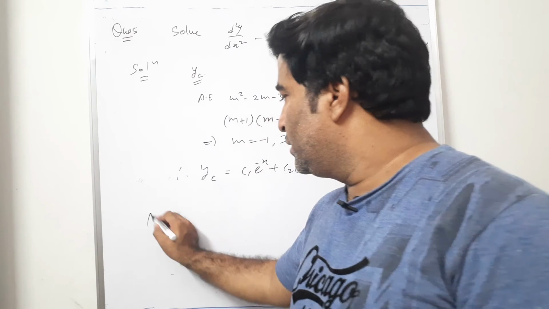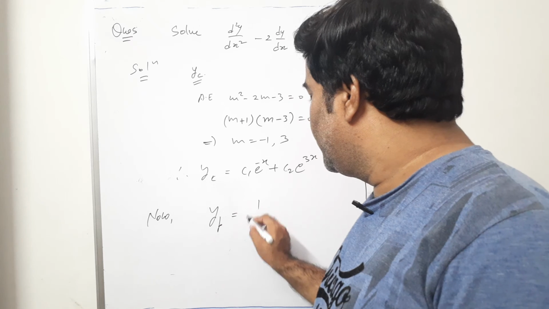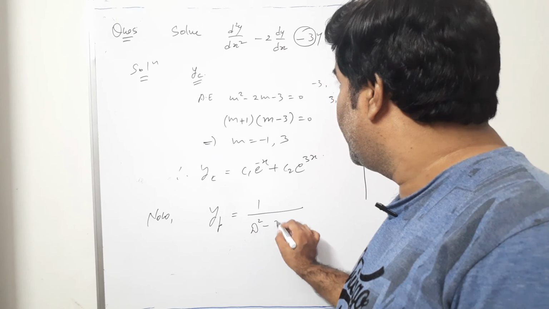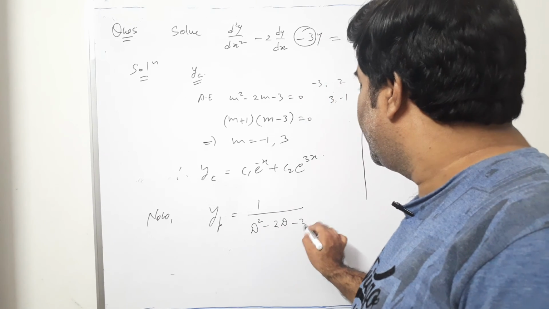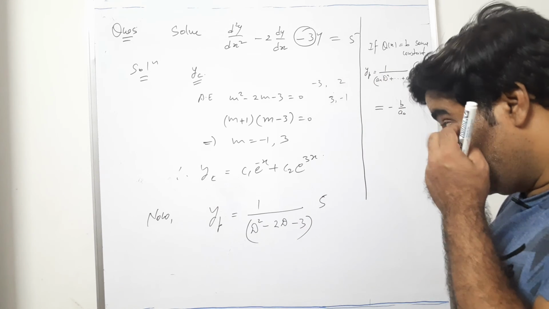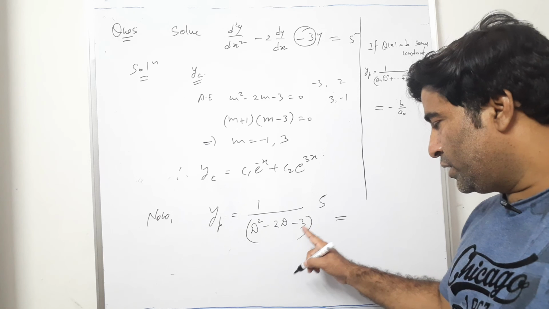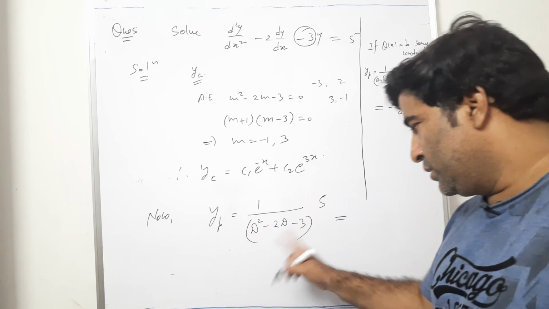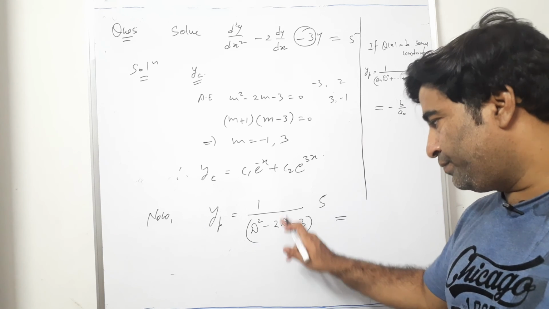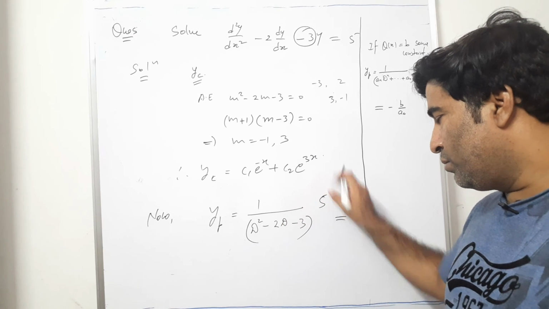Now the particular integral. This will be 1/(D² − 2D − 3) of 5. Here you take −3 common and take it upside, so we have 1 plus something, whole power −1.